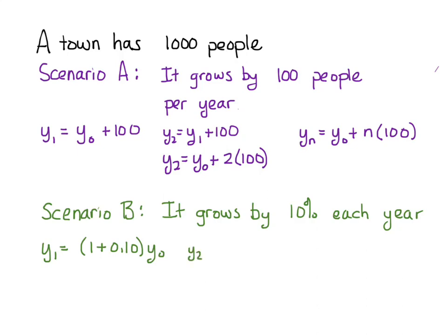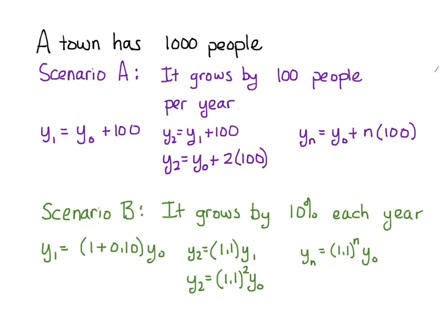If we extend that to multiple years, we take y1, the population at the end of the first year, multiply that by 1.1, and we get the population at the second year. We can, of course, make the substitution from the initial population. We take 1.1 squared times the initial population to get the population of the second year.